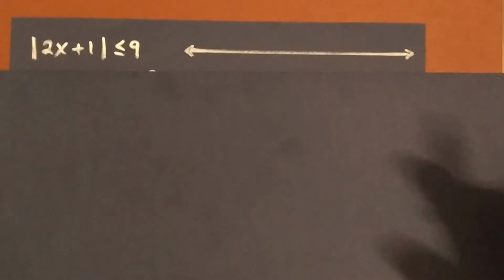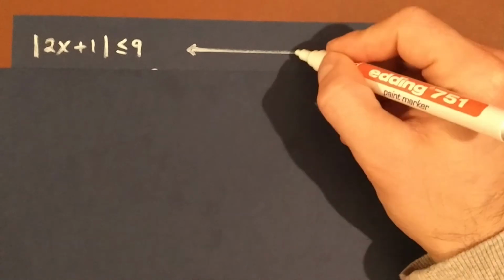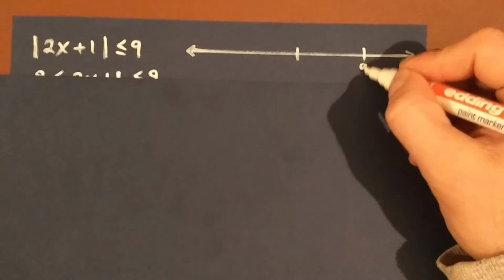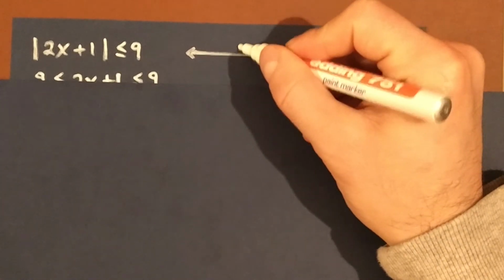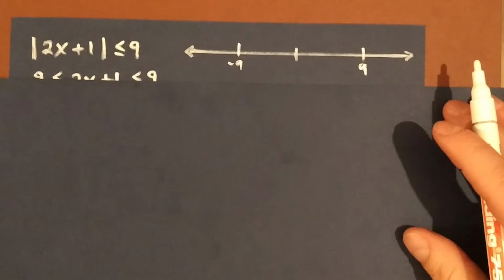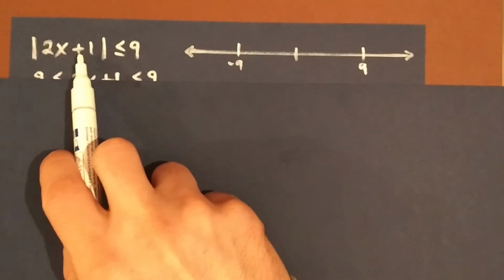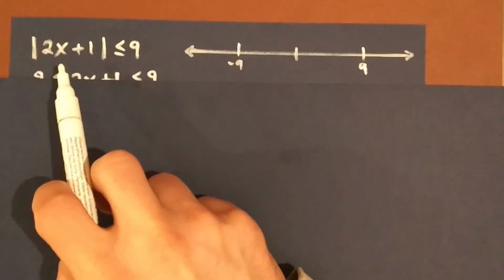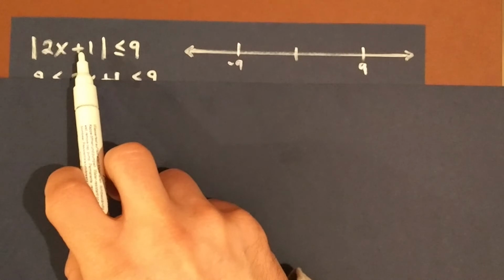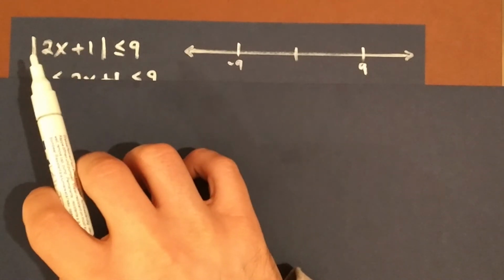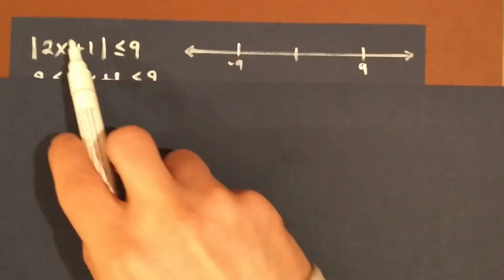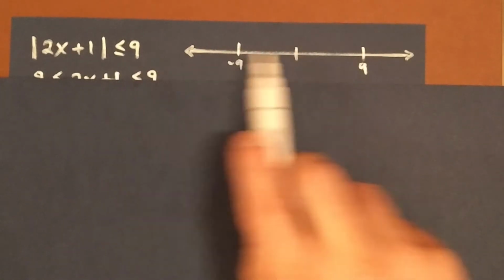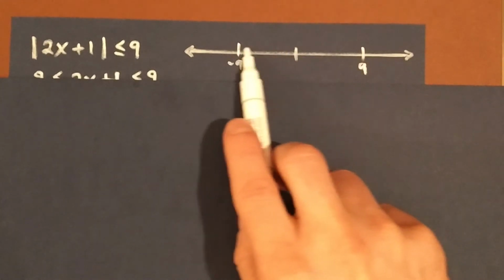And maybe it'll help if I start with this. We have, let's say, 9 and negative 9, more or less the same distance. So this expression has an absolute value less than 9. Or in other words, the distance from 0, whatever this expression equals, its distance from 0 is less than 9. So the value of this expression is between 9 and negative 9. It's less than 9 up to 9 units to the right and up to 9 units to the left.